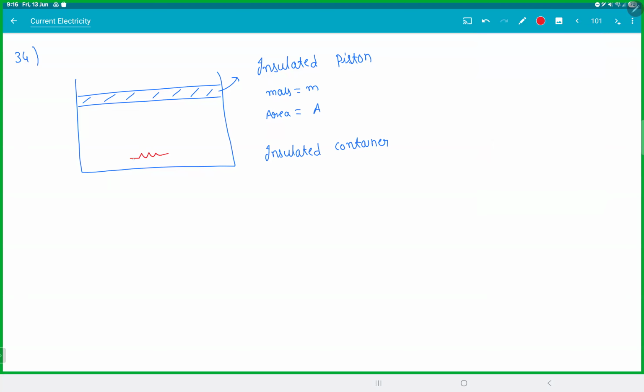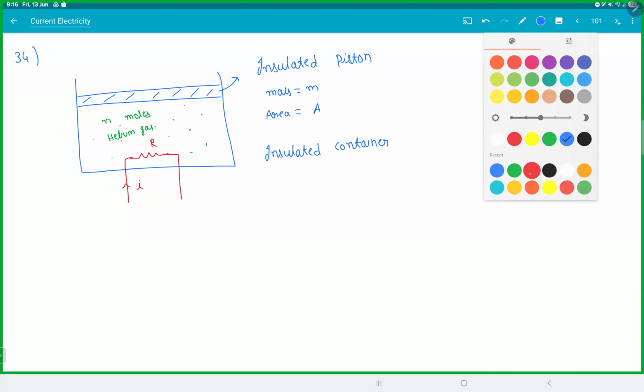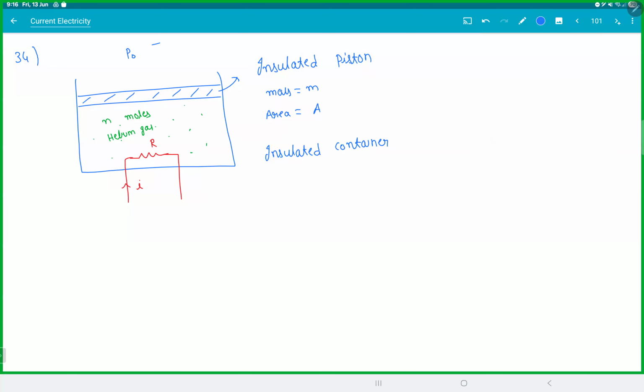Here you kept a resistor R and you're sending current I. This whole space inside is filled with helium gas of n moles. Outside we have atmosphere, P0 and temperature T0.